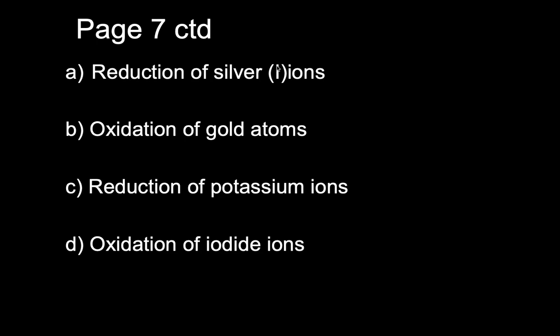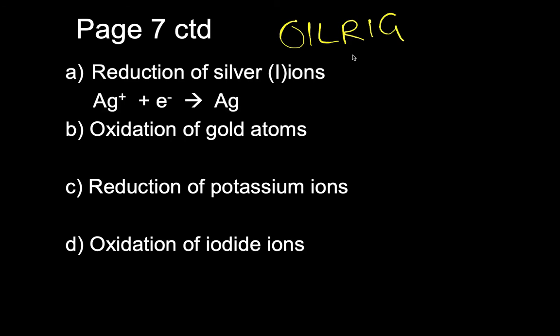So first up we have the reduction of silver 1 ions, and again I'm going to write OIL RIG to remind us that oxidation is the loss of electrons and reduction is the gain. So what we are looking at here is the silver ion gaining electrons, and in doing so it is going to form the silver atom. So we should have Ag+ plus an electron gives silver atoms.